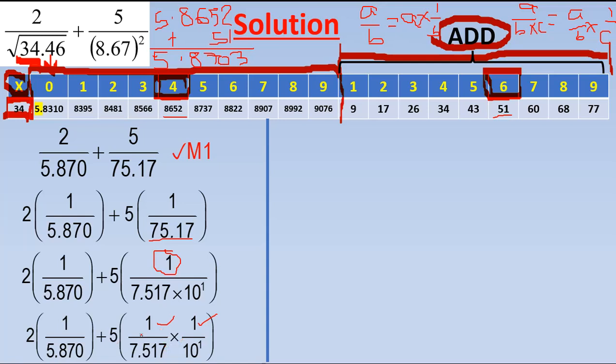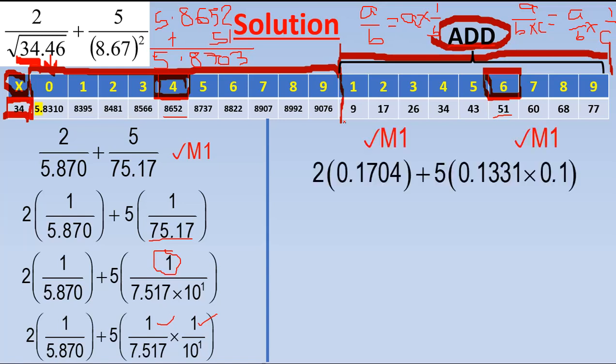We then move. Now the next task is to read the reciprocals from mathematical tables. The only difference in reciprocals is that in the mean differences column, we don't add, we subtract. So let's get over and see what we are supposed to do.